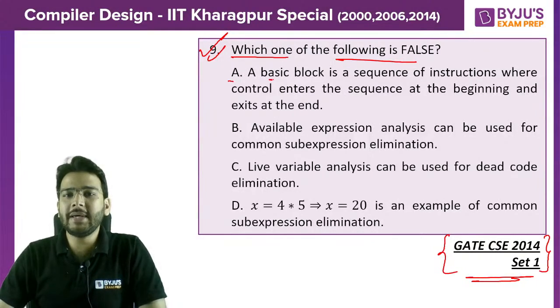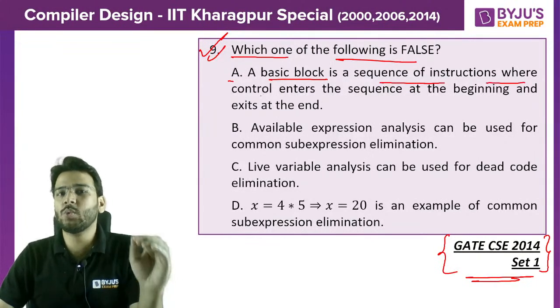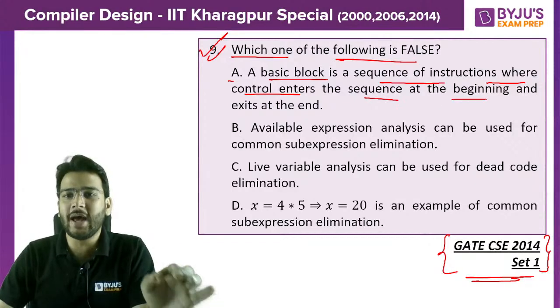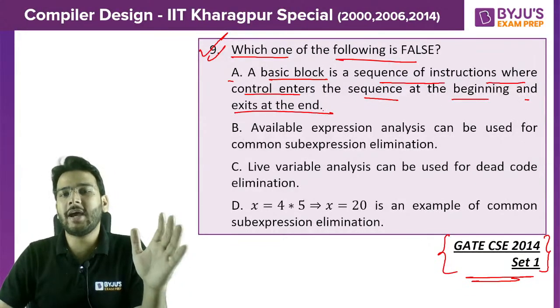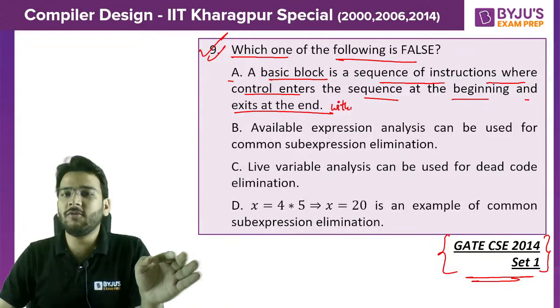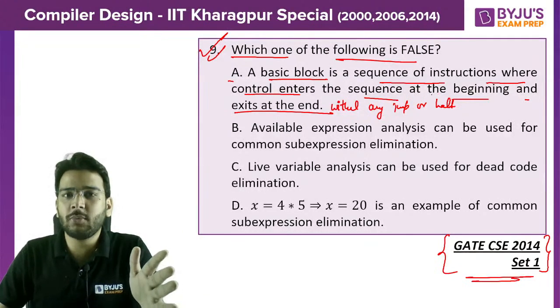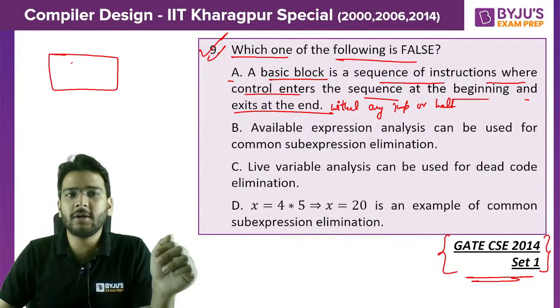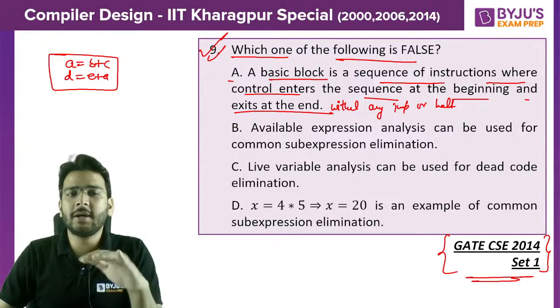Option A. A basic block is a sequence of instructions where control enters the sequence at the beginning and exits at the end. Now just add a few more things here: without any jump or halt. This is the definition of a basic block. Suppose A is equal to B plus C, D is equal to E plus A, something like that.